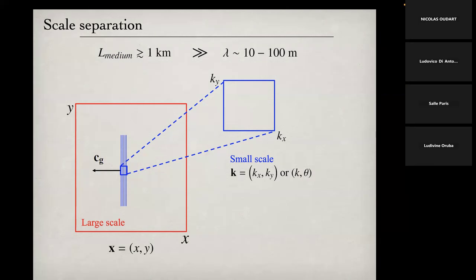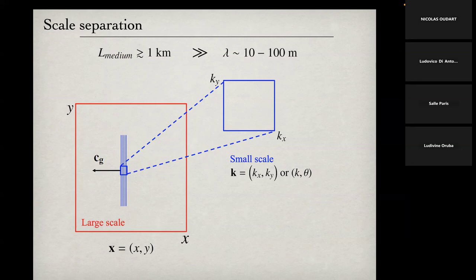The wavelength of the wave is about 100 meters, whereas the bathymetry and the currents in the ocean usually evolve at scales, say, larger than 1 kilometer. So there is a scale separation between the waves and the ocean. And so this scheme summarizes the problem we are facing.